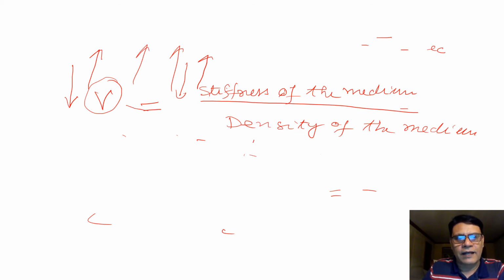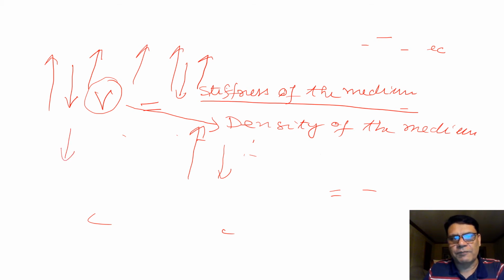While there is an inverse or opposite relationship between velocity and density: if density decreases, velocity increases, and when density increases, velocity decreases. They are inversely proportional.